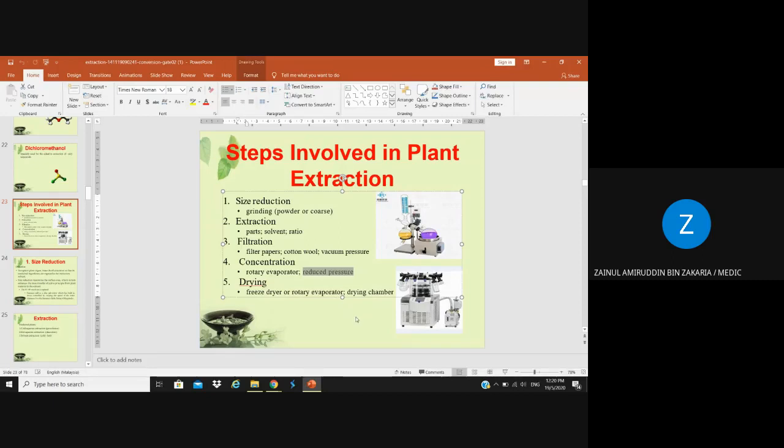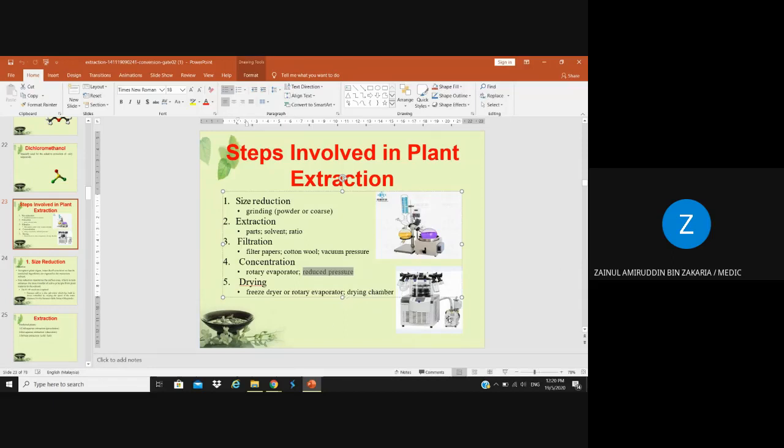That flow of wind can help to dry your extract that you put inside there, provided you cover it with a glass. You close the section with the door, the windows, then you can dry your sample using the drying chamber.